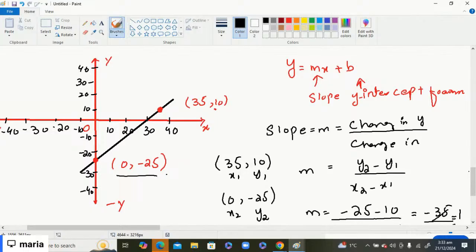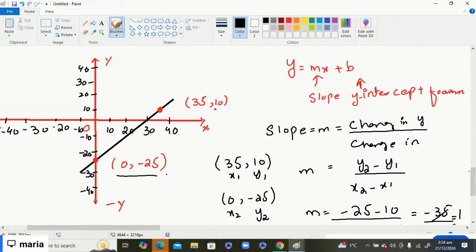So your slope-intercept form is y equals mx plus b. What is your slope? That is m, and it is given as change in y over change in x. Four values are given here: 35, 10, and 0 and minus 25. This is your x1, y1, and that is your x2 and y2.